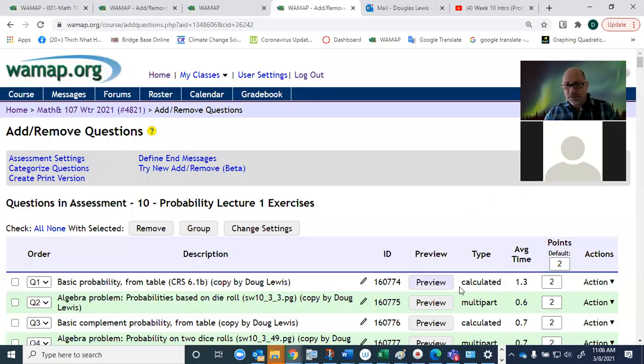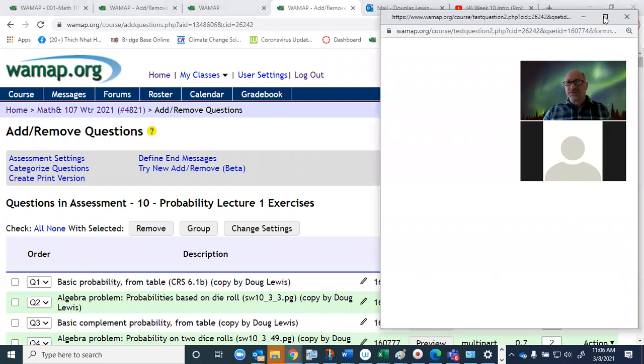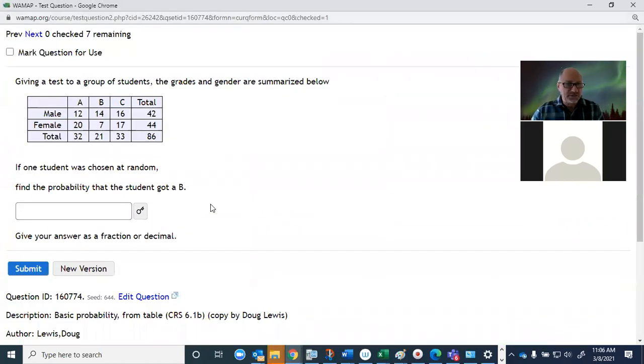Okay, so let's start with some basic probability. This is going to be fairly simple and straightforward, but let me just give a basic idea of the probability of an event occurring.